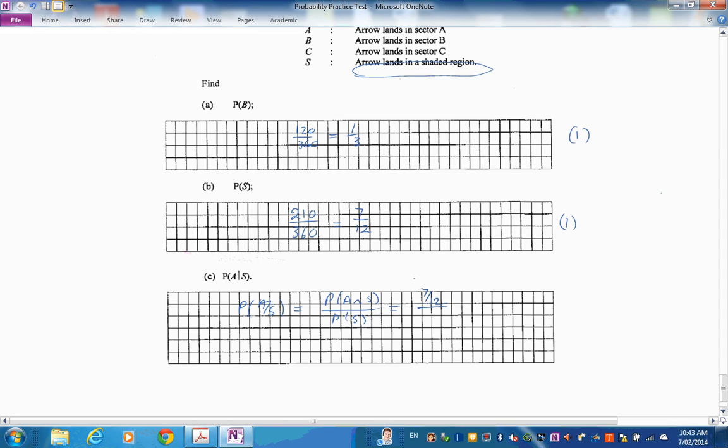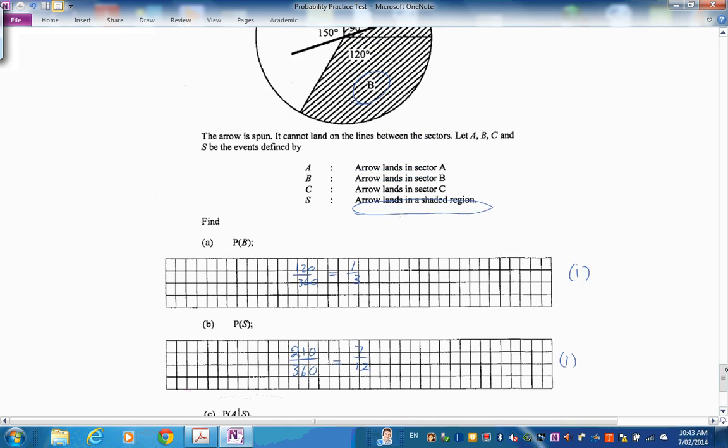Probability A given S should be, no, I've got that wrong. A has to occur and S has to occur over the probability of S, and that's got to be a quarter. A quarter. Let's just check this. Let's go back up. I'm losing the numbers here.